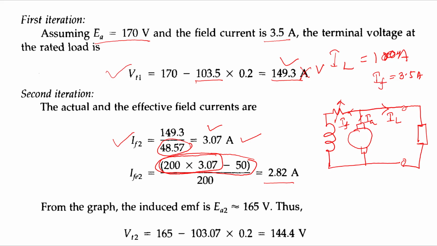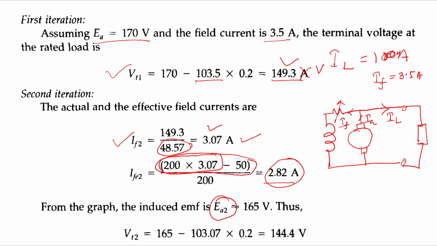Now corresponding to this field current, from the magnetization curve I can find again EA, the open circuit voltage or no load voltage, right? So EA2 will be equal to 165 volt.